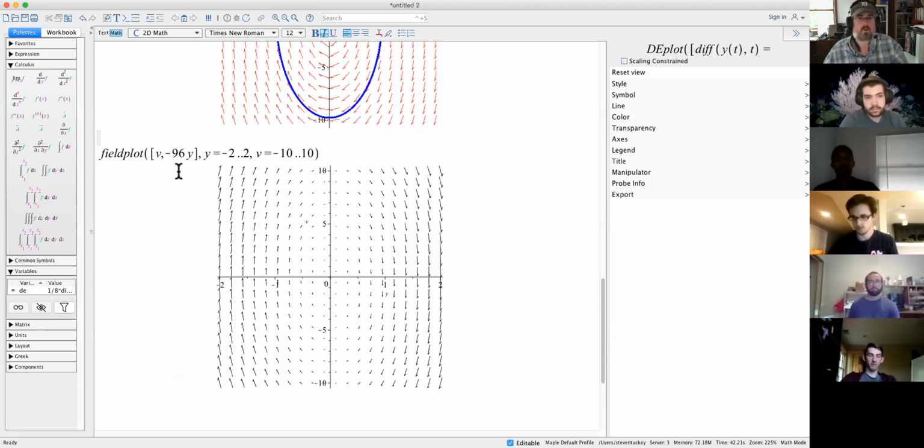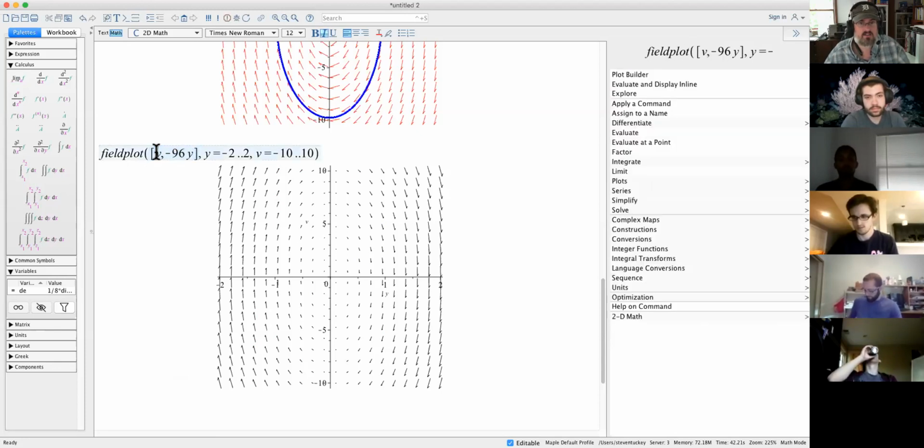So again, we know that our dy dt is equal to v. So whatever your v coordinate is, that's the dy dt part. So if you're out here at 1, 0, that means your y coordinate is 1, your v coordinate is 0.